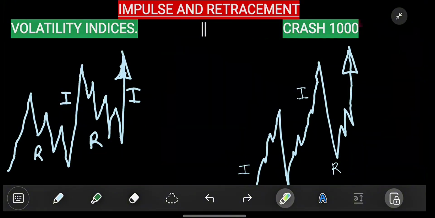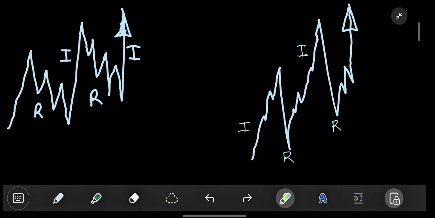But when it comes to the Crush 1000, we'd have our impulsive move going up, would have more retracements, but then our retracement, the main retracement, will just be a spike like that one. Okay, and our impulsive move will be a bit more laid back. Then we'll have a retracement move that will come back impulsively like that.